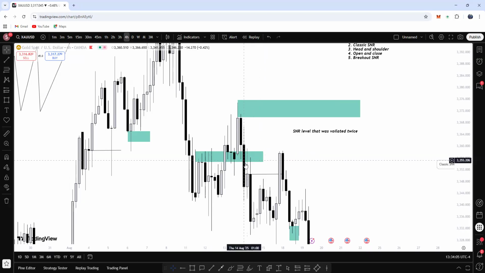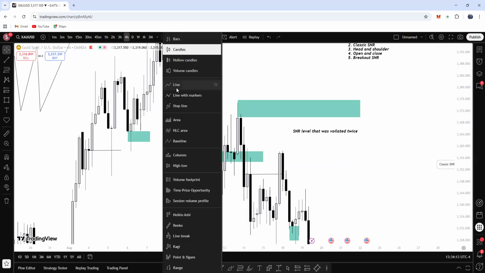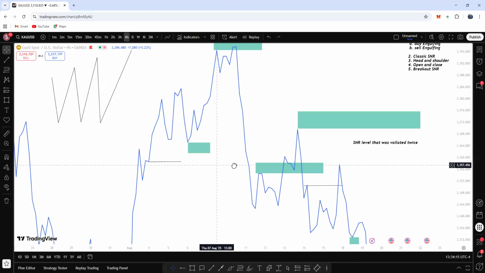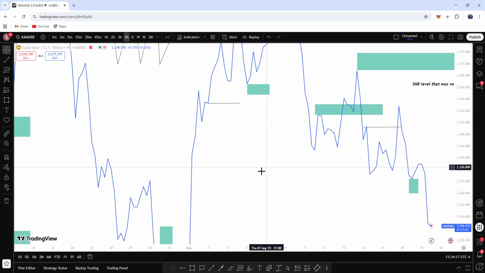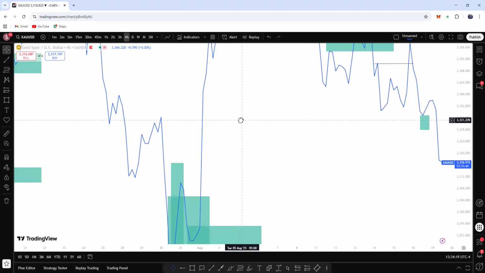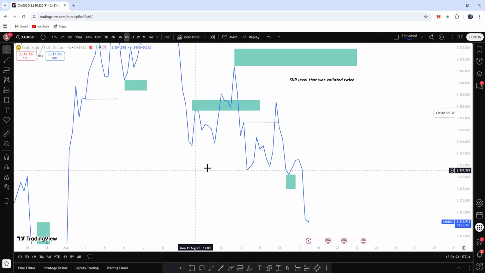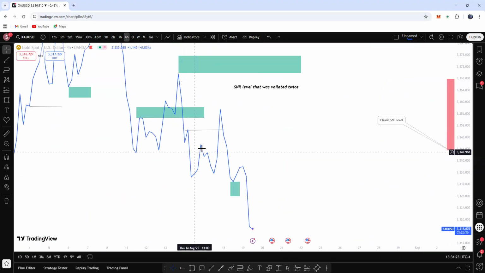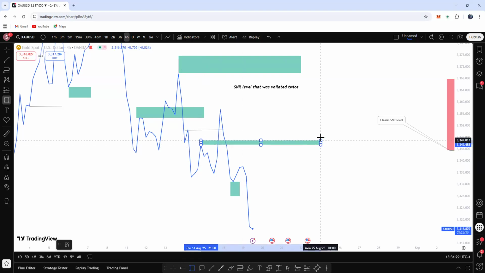I think they respected it here. Let me use a line chart so you can get what I'm saying very well. A line chart will help you a lot. This level here, that's an HNS level.